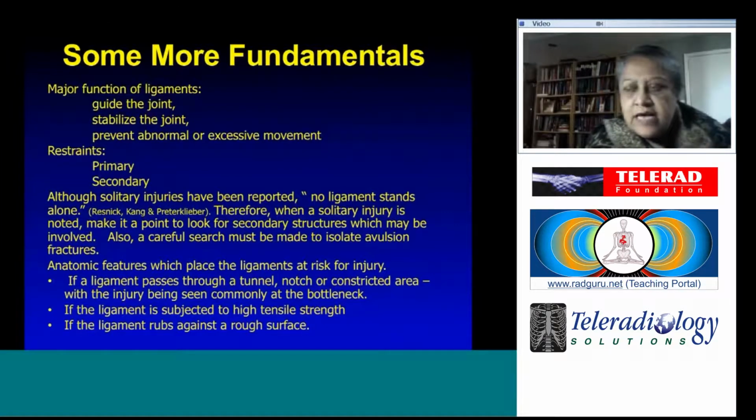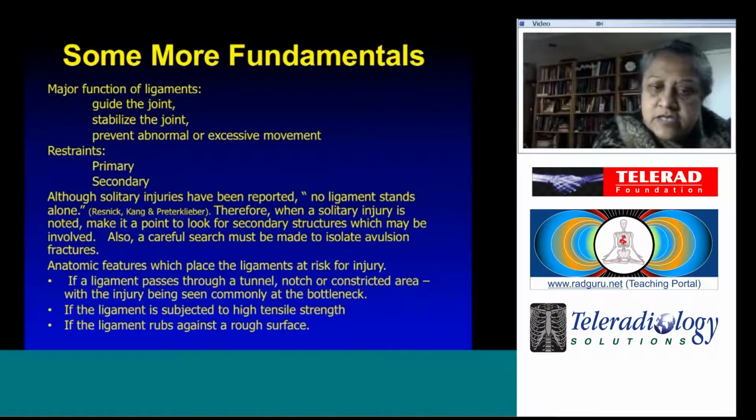Solitary injuries have been reported in ligaments, but as Resnick et al. say, there is no ligament that stands alone. So when we see a solitary injury, we must make it a point to look for secondary structures which may be involved. Also, please make a careful search to isolate avulsion fractures.